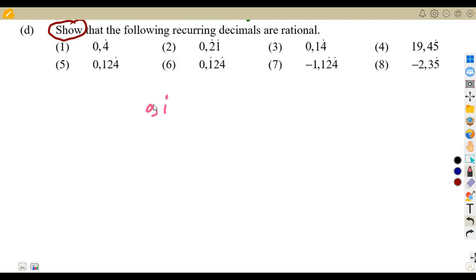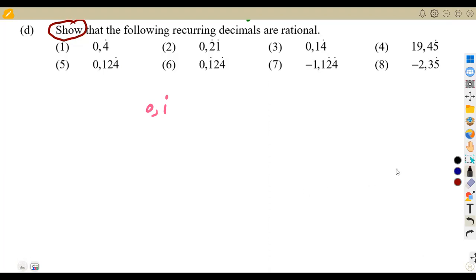This number is a recurring decimal. As we can see, it is given a dot on top to show that it is 0,1111, and so on and so on. That is what it means.